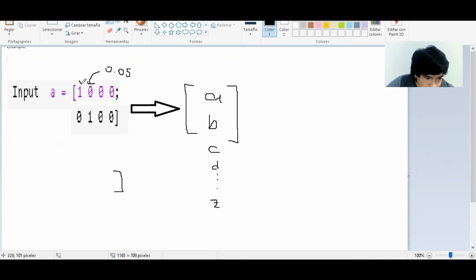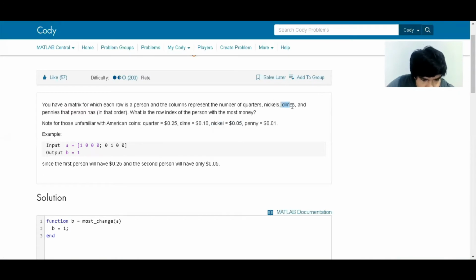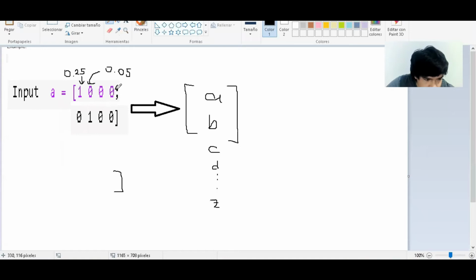This is going to be the one for a quarter, so 0.25. And then comes dimes, and then pennies. So this is going to be 0.01, and this is going to be 0.1.